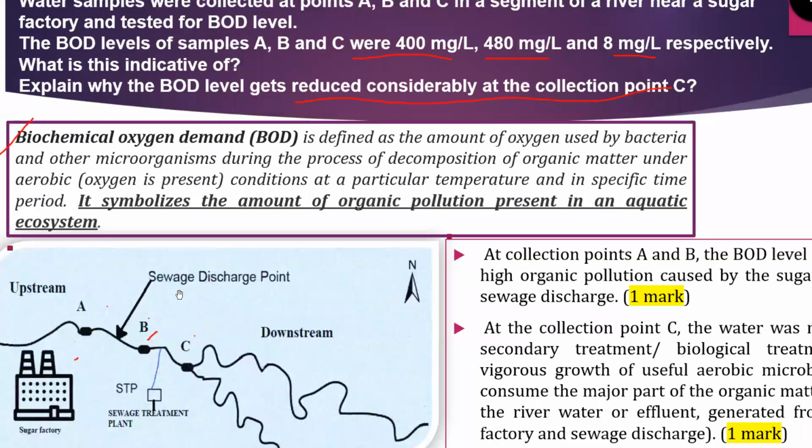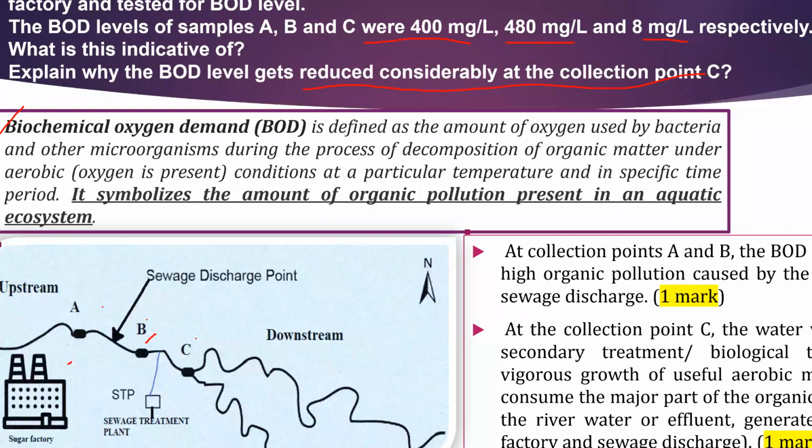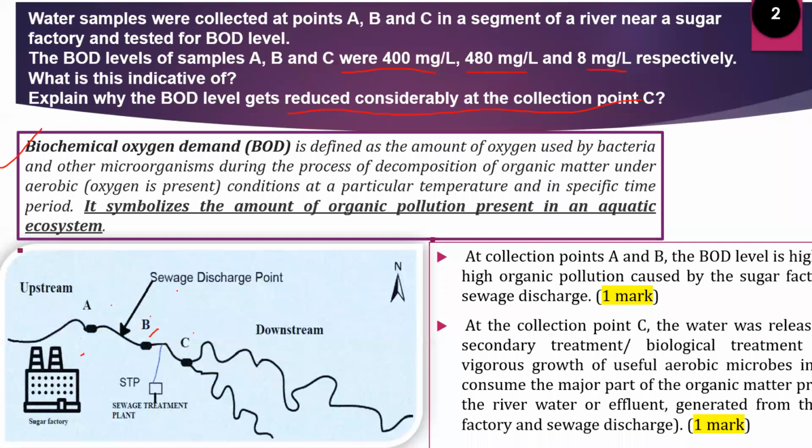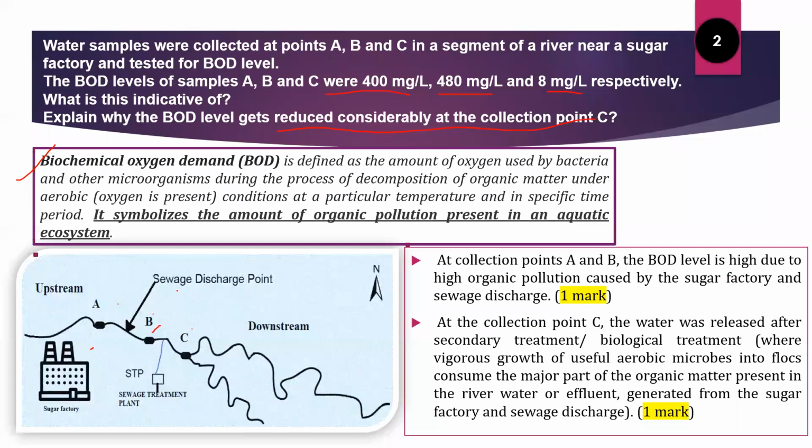So both the sugar factory and the sewage discharge point are basically responsible for polluting. They are discharging a lot of organic waste into the river. Obviously, the BOD level will be high. So for the first part of the question, you can write at collection points A and B, the BOD level is high due to high organic pollution caused by the sugar factory and the sewage discharge.